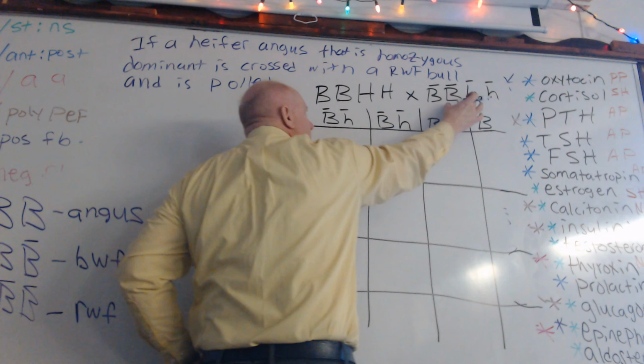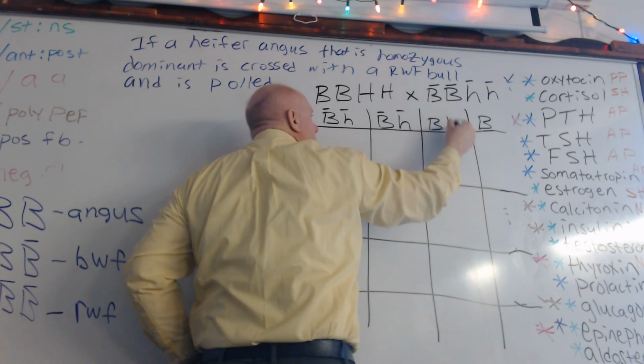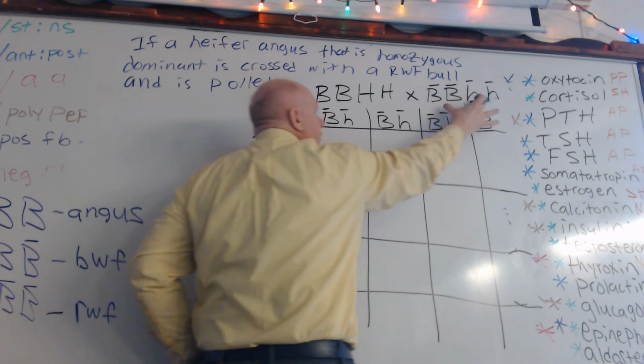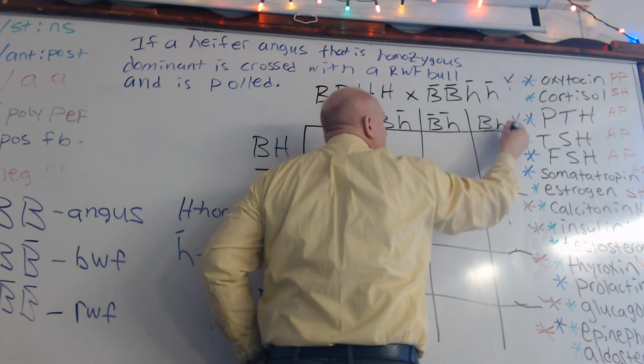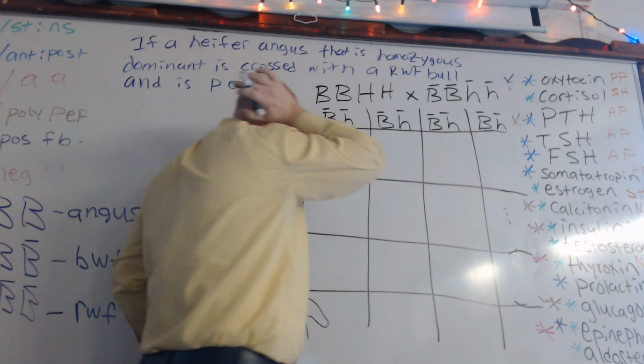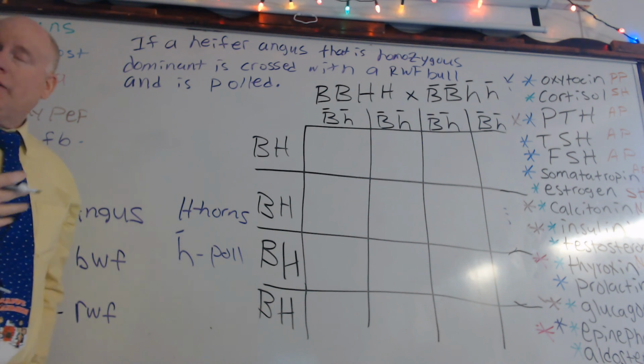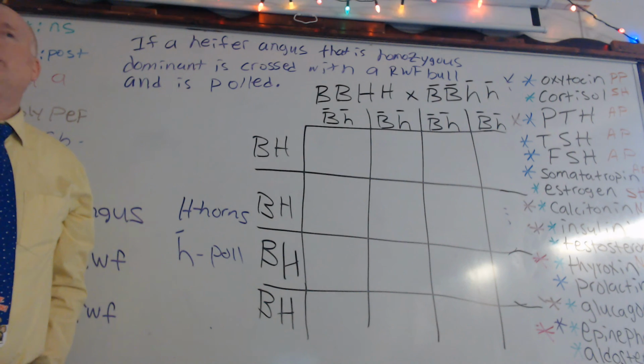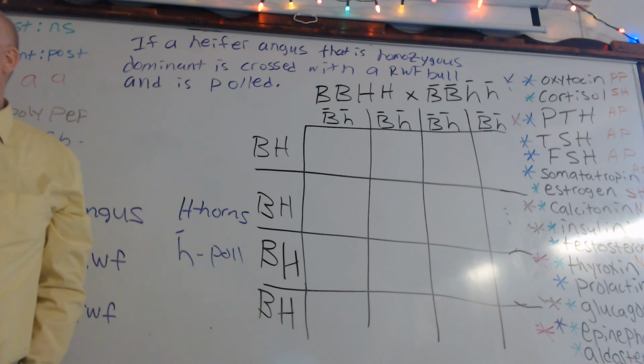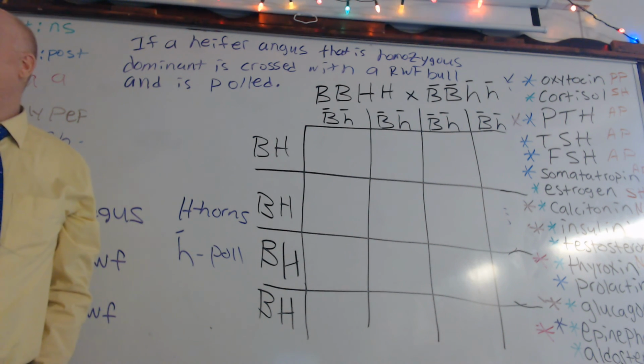What's your inside? B with a line, lowercase h. Then your last one. Okay, if you fill out each and every one of these boxes, 100% of the time now, it's going to be 16 to 0.